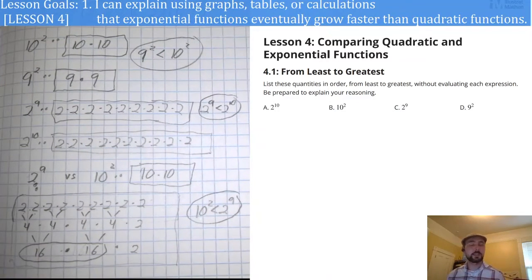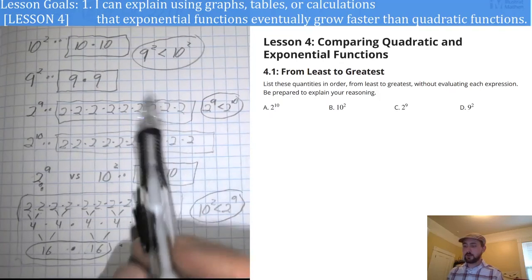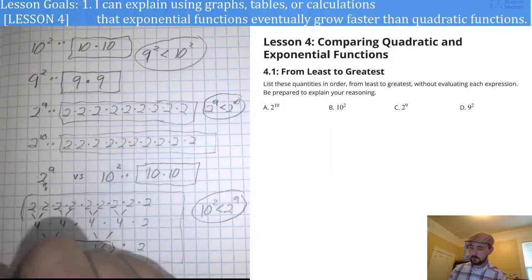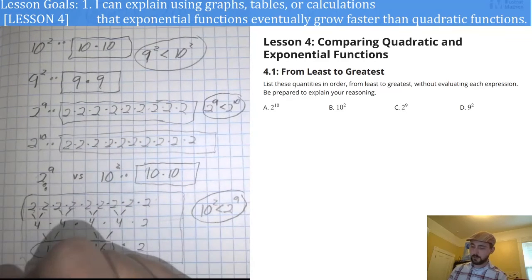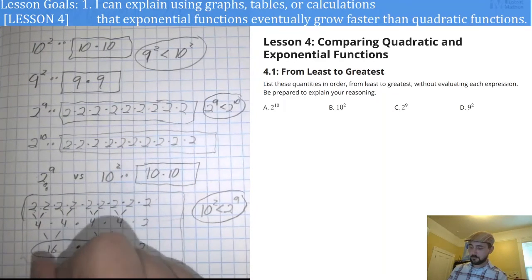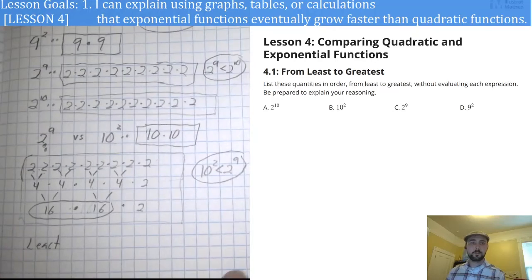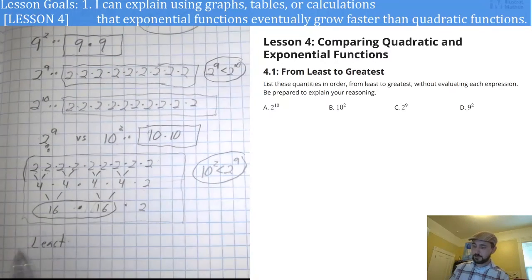Okay, so using this, can we put everything in order? I think we can. So we know that the smallest number here is 9 squared. Remember, we're doing this from least, which means smallest, to greatest.